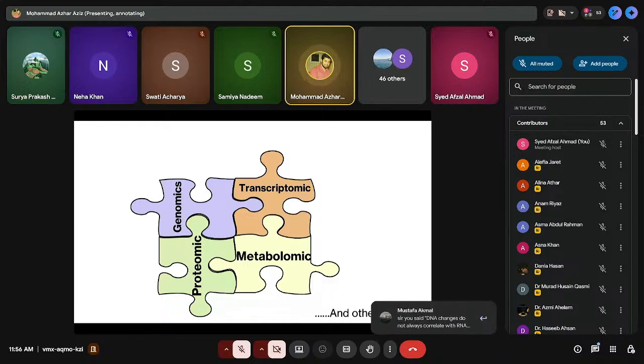So the consideration here is numbers. If you can make as many tests as possible, that is the best. If you test only 10 drugs and say these two will work, it will be inferior to saying we have tested 1,000 or 5,000 drugs, and then we are giving this recommendation.